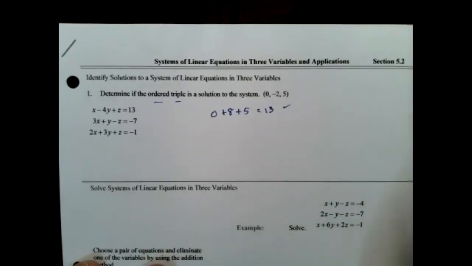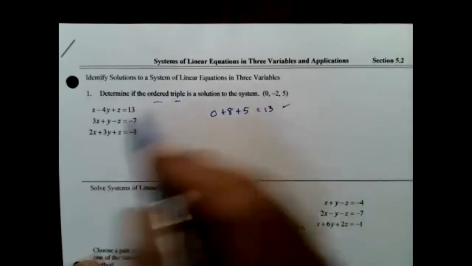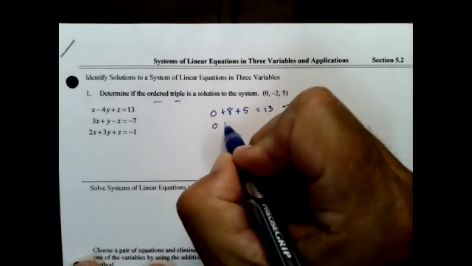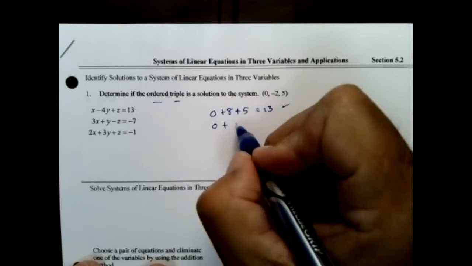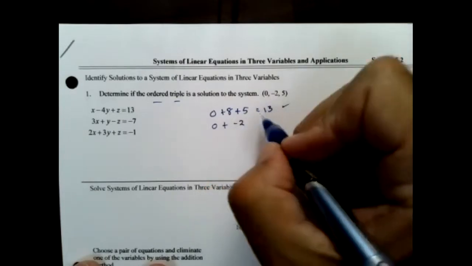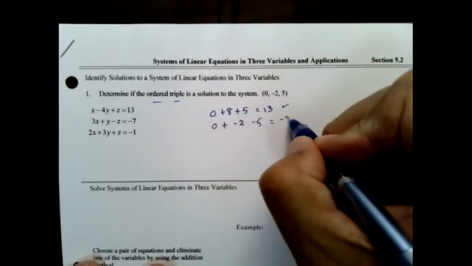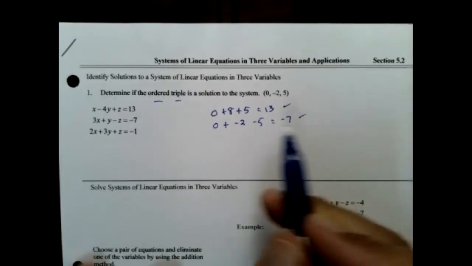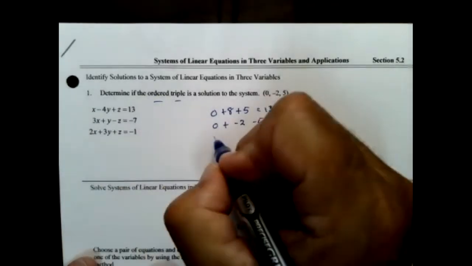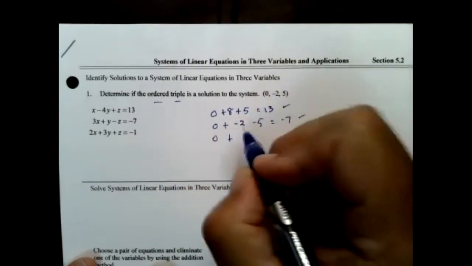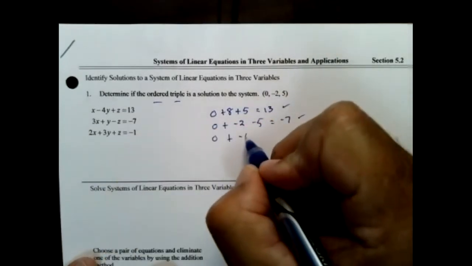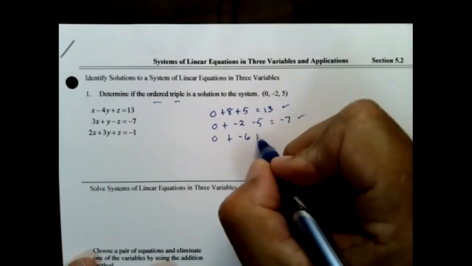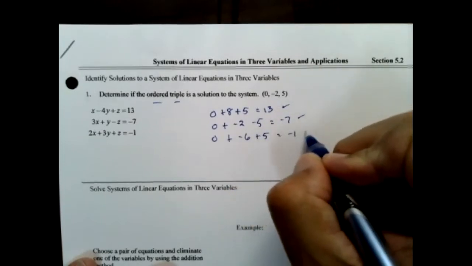As you can see, checking your work takes 15 to 20 seconds. 3 times 0 is 0, plus a negative 2, minus a 5, does in fact equal negative 7. And again, 2 times 0 plus a negative 6 plus 5 equals negative 1.